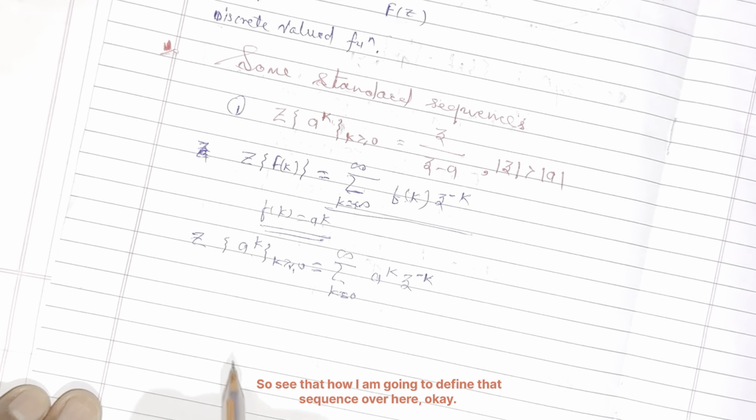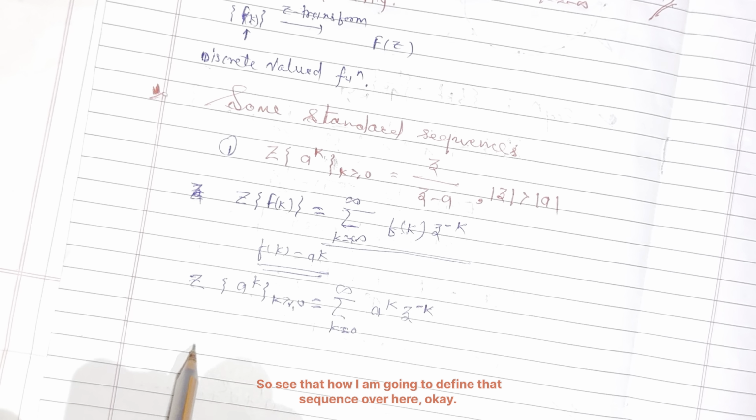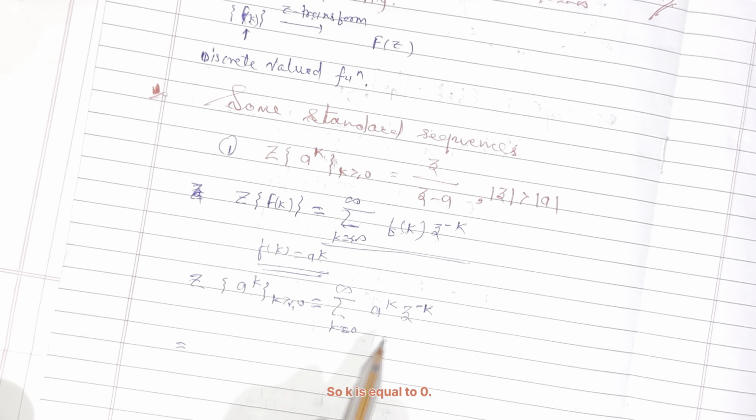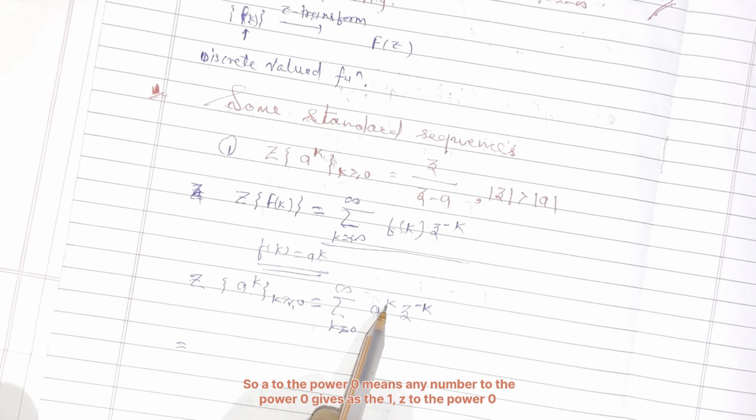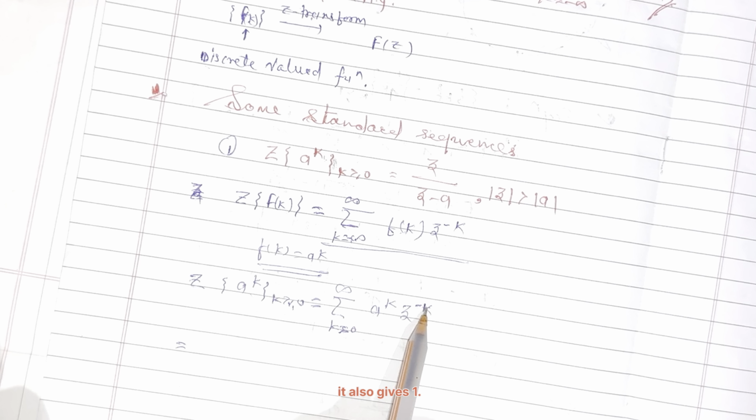So see how I am going to define that sequence. k is equal to 0. So a to the power 0, any number to the power 0 gives us 1. z to the power 0 also gives 1.